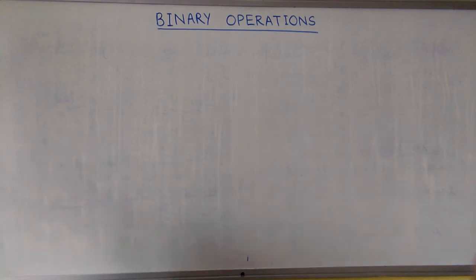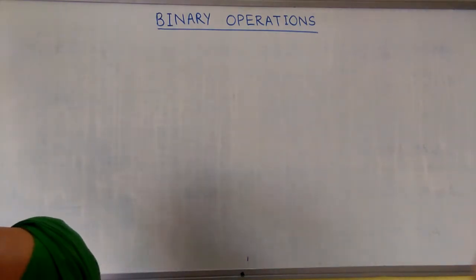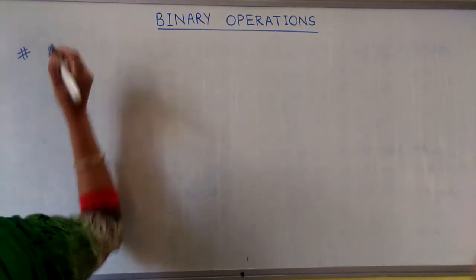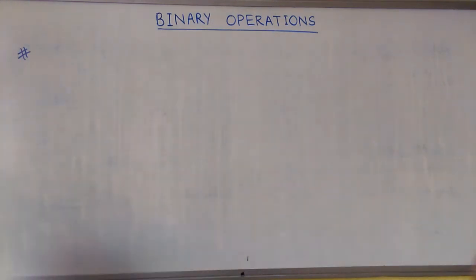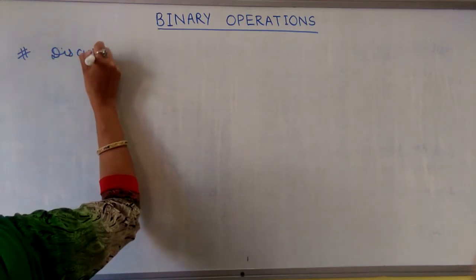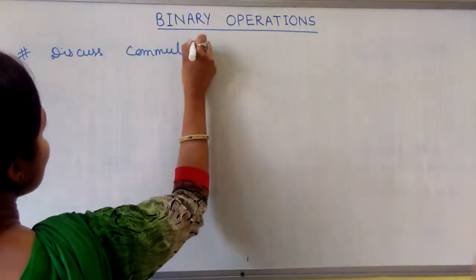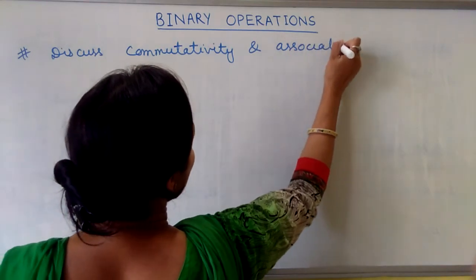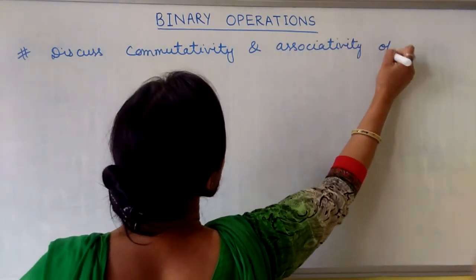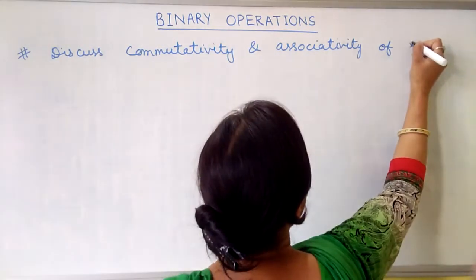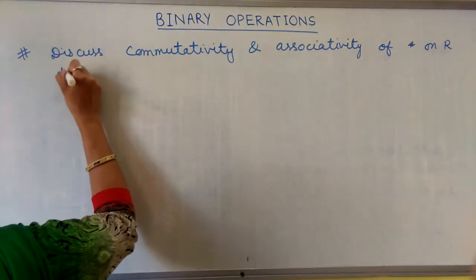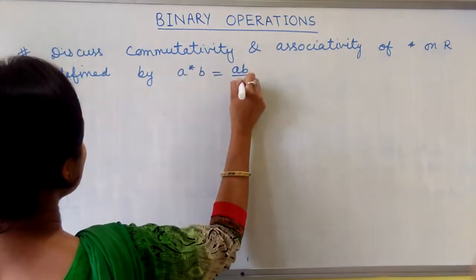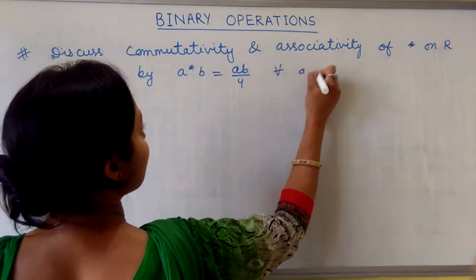The question is: discuss the commutativity and associativity of star on R defined by a star b is equal to ab divided by 4, for all a, b belonging to R.